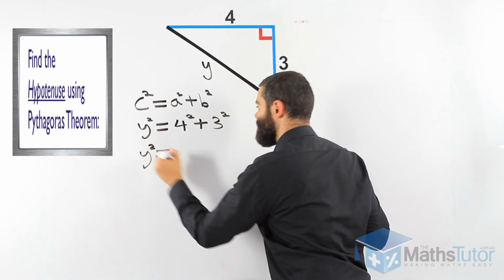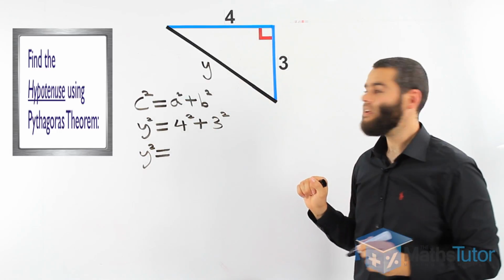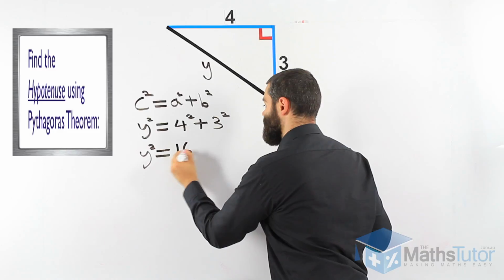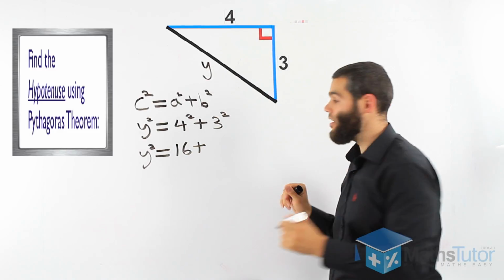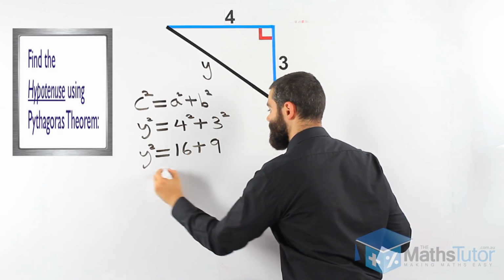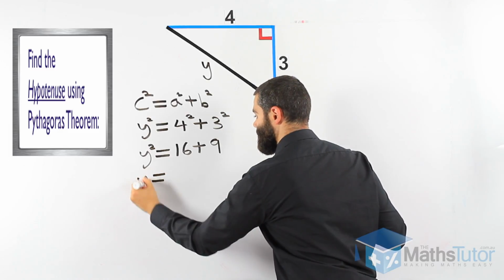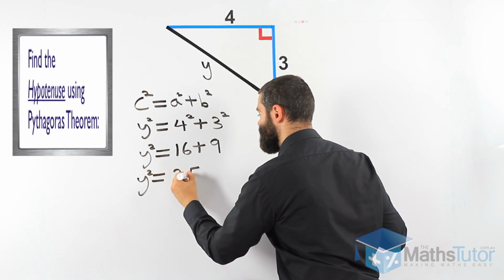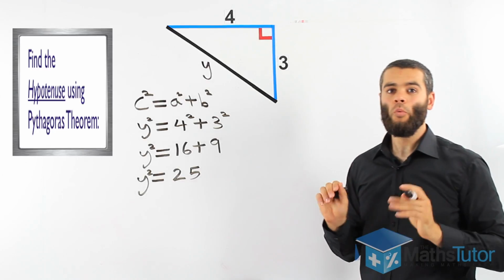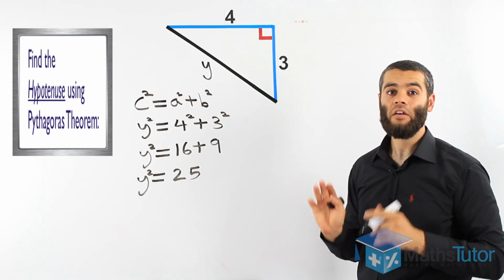Keep going. 4 squared is 16. And 3 squared is 9. y squared is 25. 16 plus 9 is 25. We want to work out y, not y squared. So what do we do?